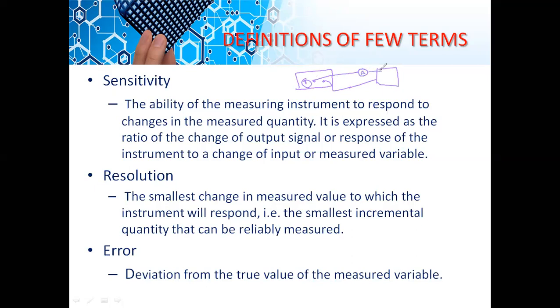Now we are trying to discuss the sensitivity of this ammeter. I can vary the value of the variable current source, from 5 ampere to say 10 ampere, something like that, like milliamperes. We'll discuss in milliamperes.